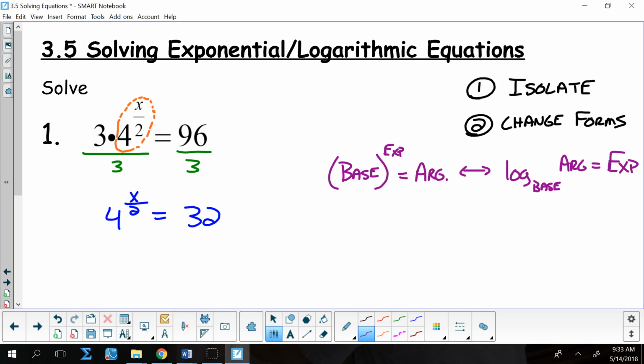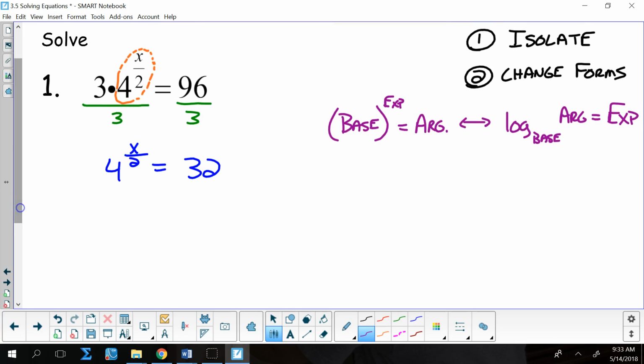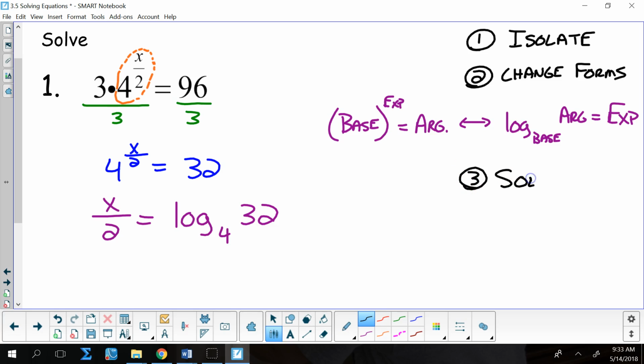So this becomes x over 2 equals log base 4 of 32. That's what that becomes. Now, you go through and you solve that one.